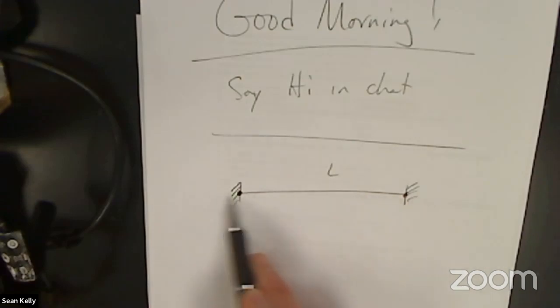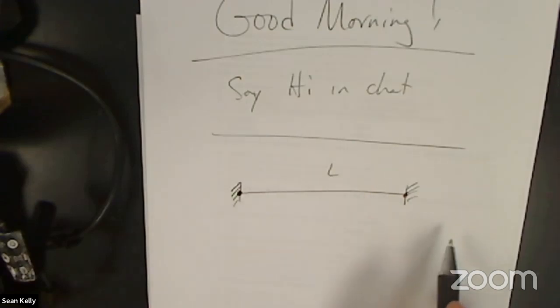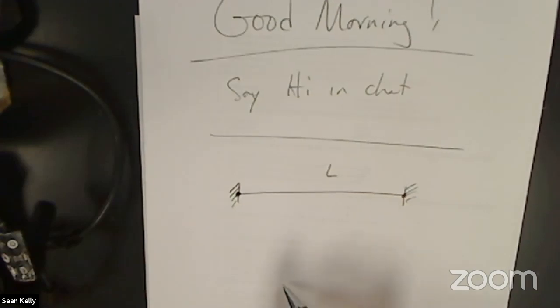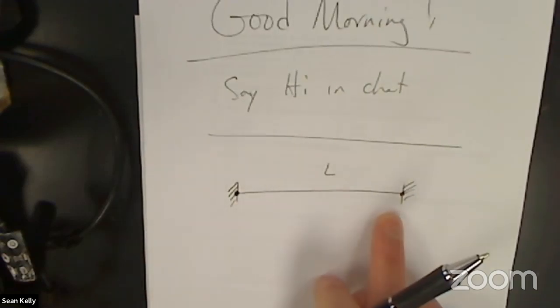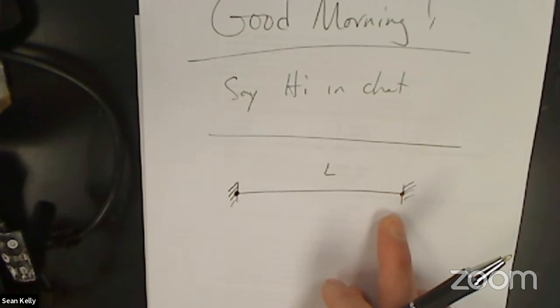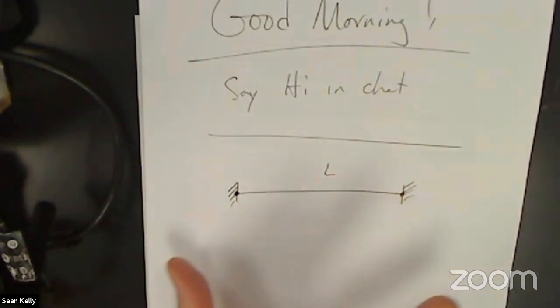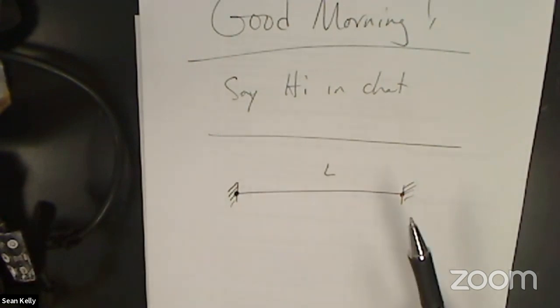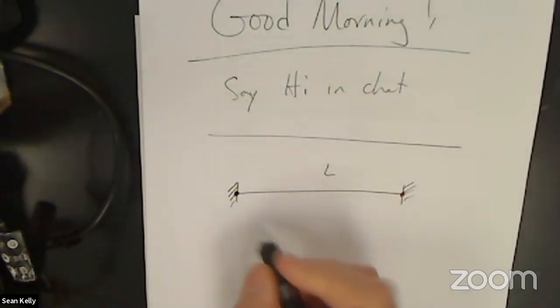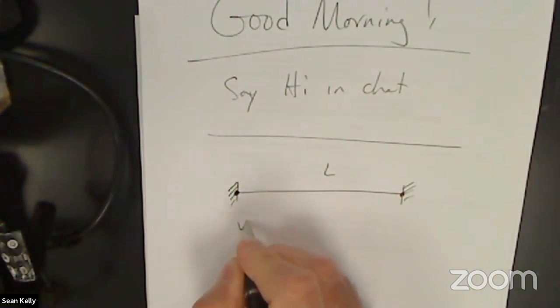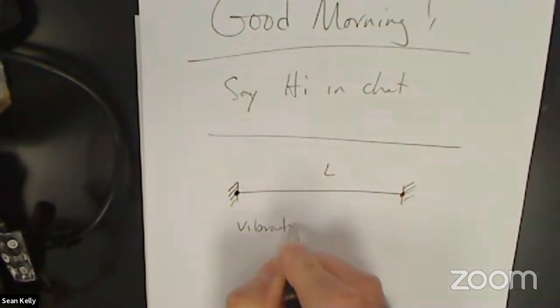So it's like a guitar string or any stringed instrument, actually. It may or may not be the strings that we're talking about in string theory. But I want to talk about strings because they have an interesting feature, and these features are found in string theory. And so I want to make this vibrate, a vibrating string.